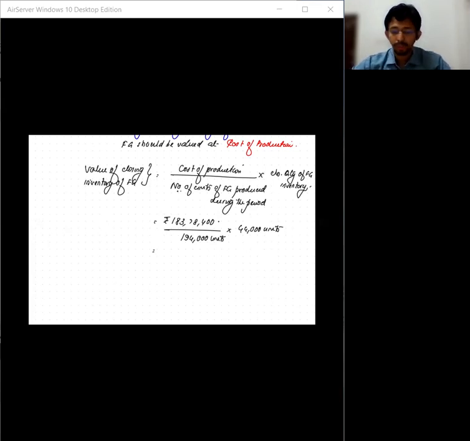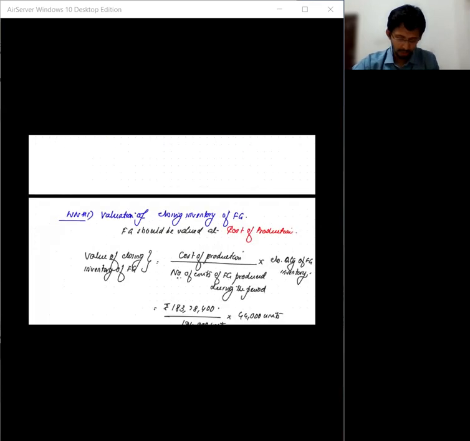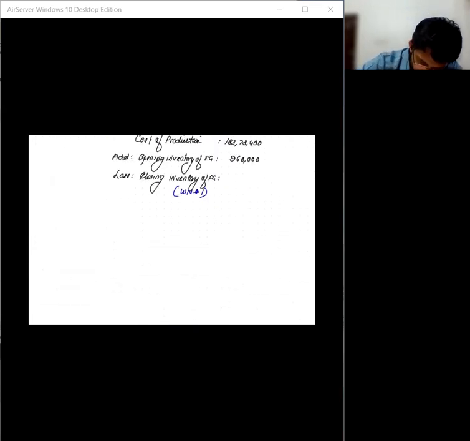So that comes to 41,68,297. Of course, there will be some rounding differences, doesn't matter. So I'm taking it as 41,68,297. This is reduced.